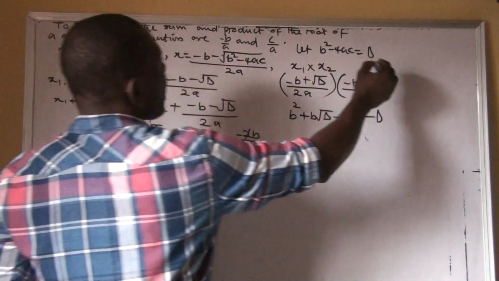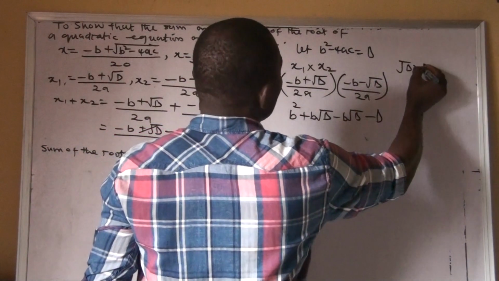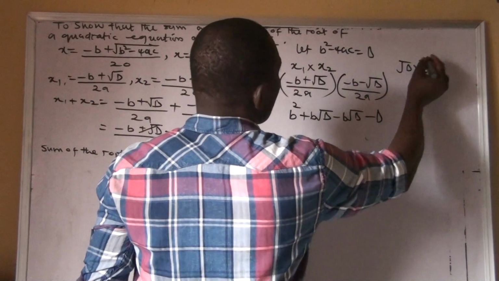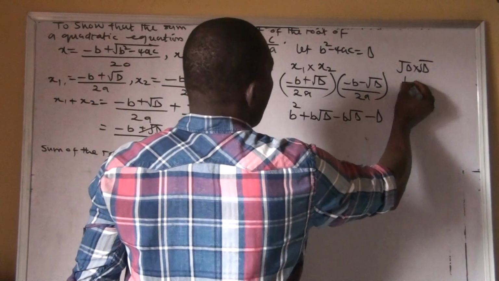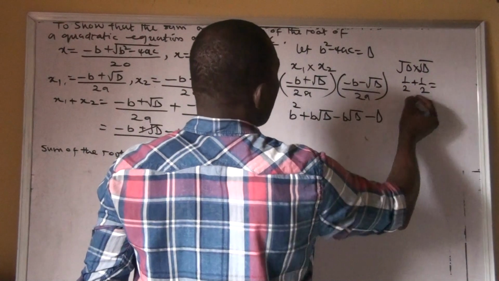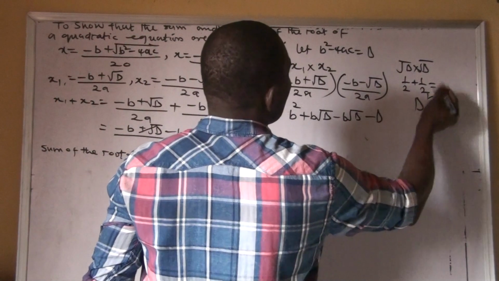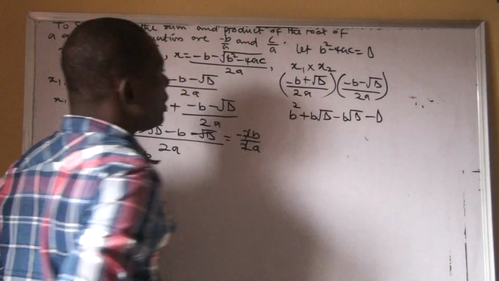We are seeing root d times root d, so this is d raised to half plus half, which is d raised to 1, so it will just give us d.